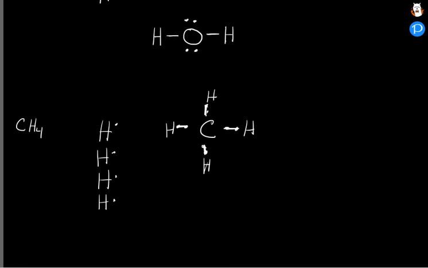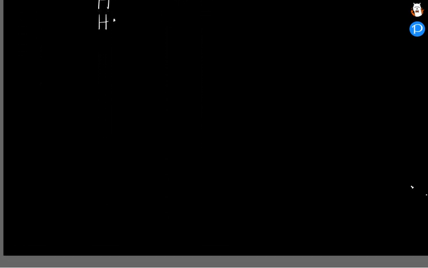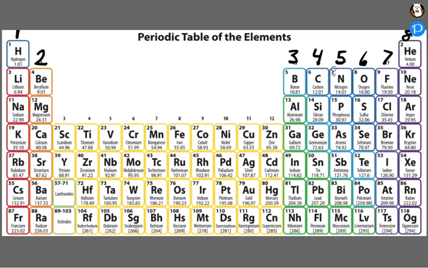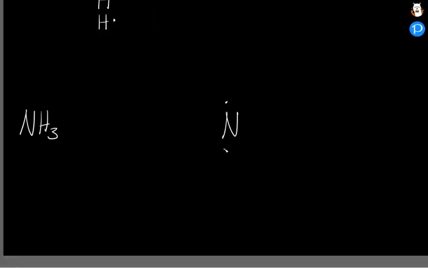Let's do one more, just to really drive this point home. How about NH3? I've got nitrogen with its, well, let's take a look real quick. Nitrogen has 5 valence electrons. So 1, 2, 3, 4, 5. And with this, I've got 3 hydrogens. 1, 2, 3.